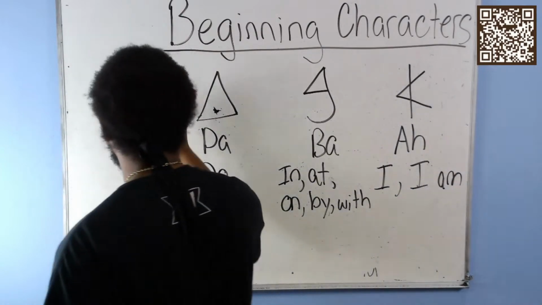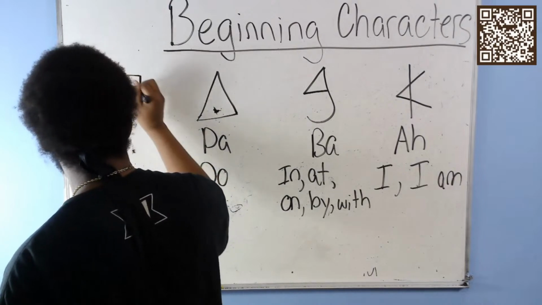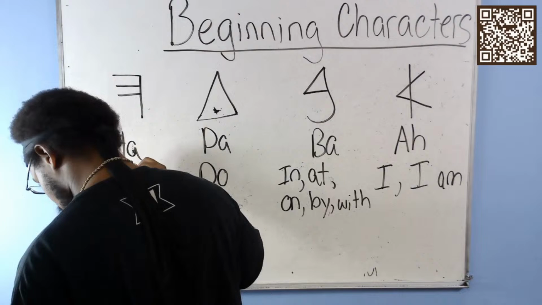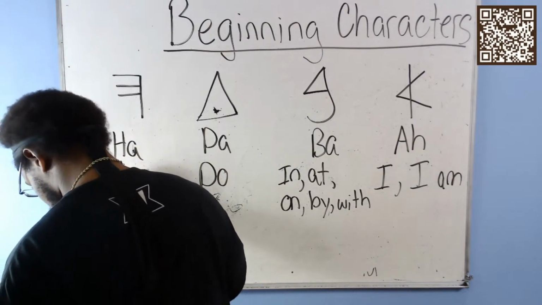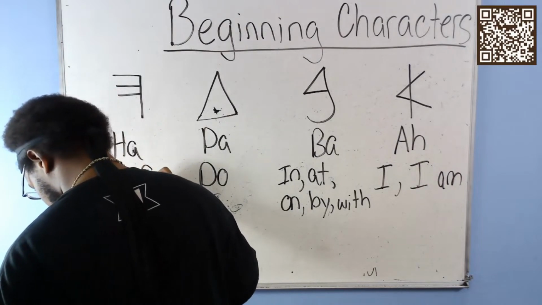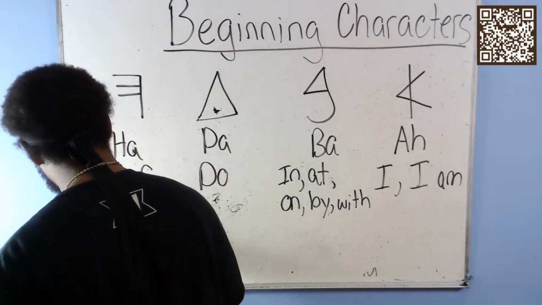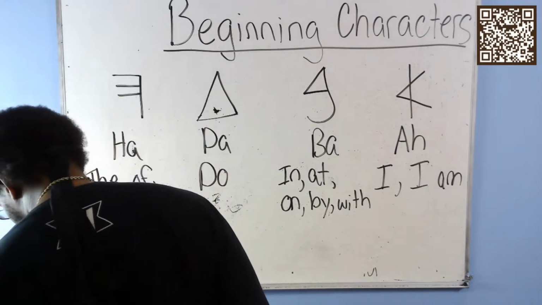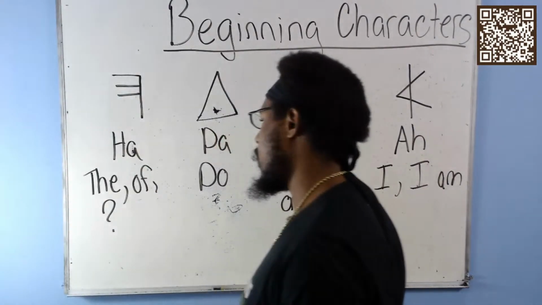Then we got Ha. Ha means the, can be used as the, of, and it can be used to form a question when you use it at the beginning of a sentence or phrase.